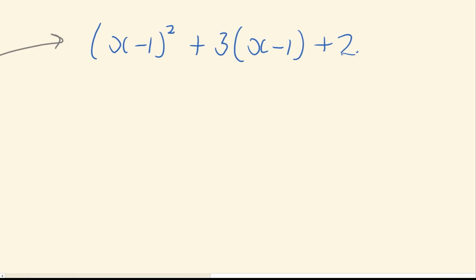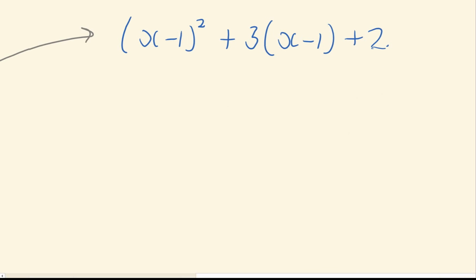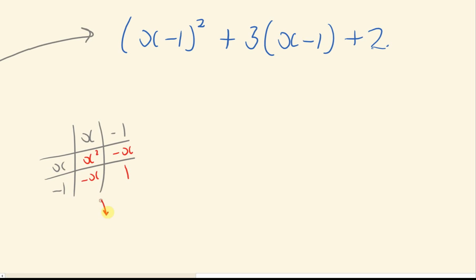Make sure you always include brackets, because x minus 1 is basically treated as a group. Now we need to expand all this out and simplify it. First we have x minus 1 squared. Remember that means x minus 1 times x minus 1. We can expand that out like so, which gives us x squared minus 2x plus 1. So plugging that in, my first term gives me x squared minus 2x plus 1.